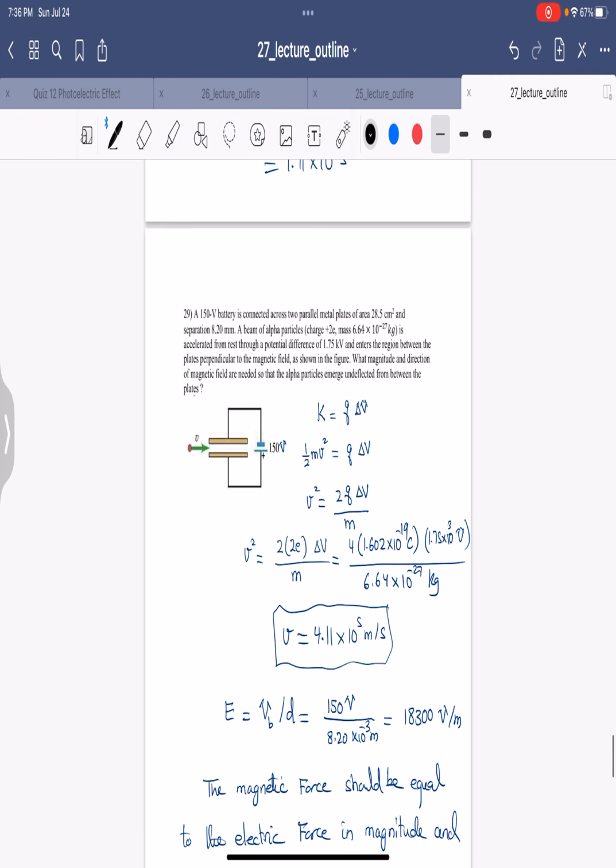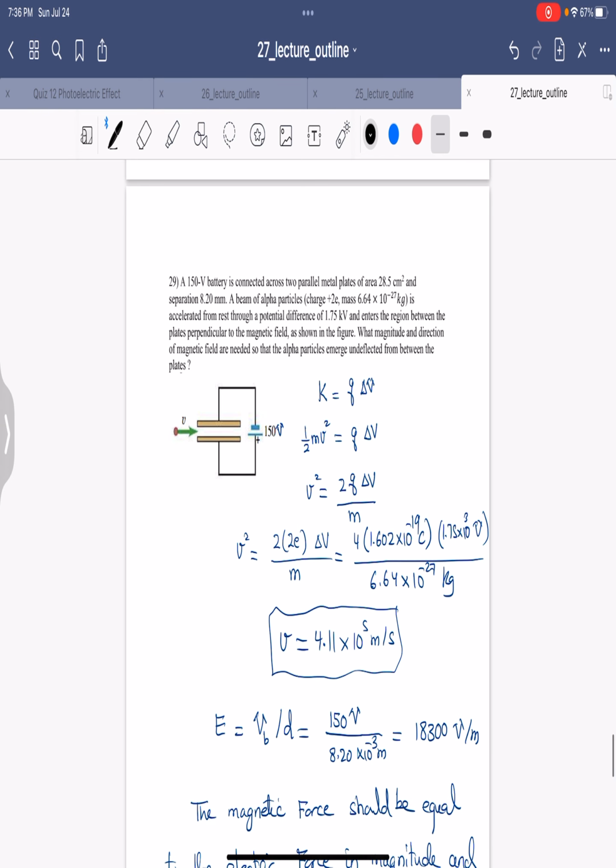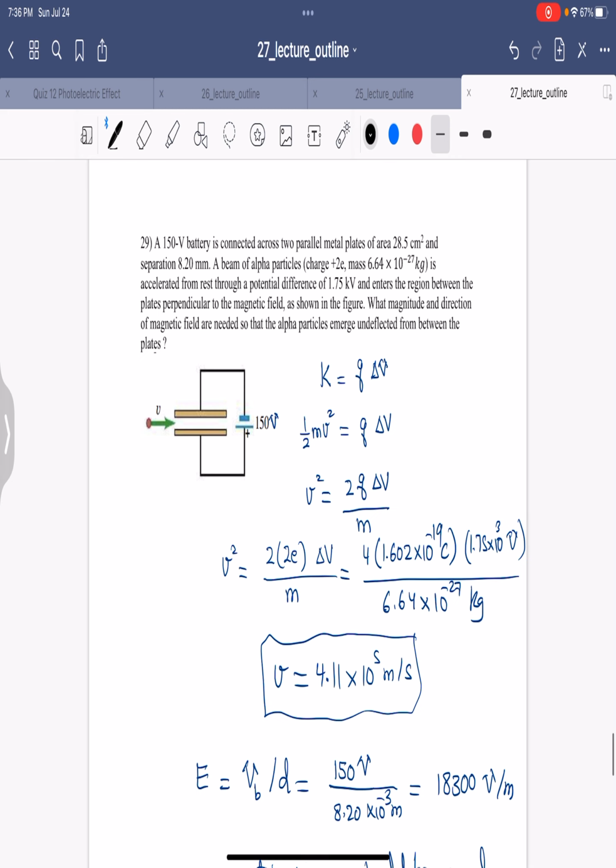This one is also about the motion of a charged object. Here I have a 150 volt battery that is connected across two parallel plates, 5 square millimeters. We have alpha particles.